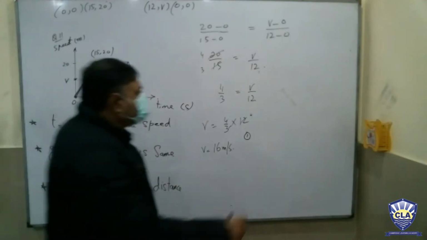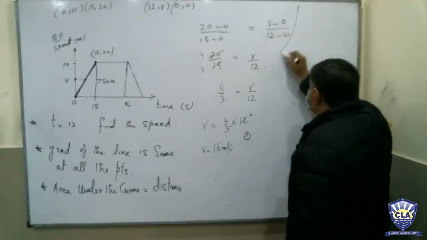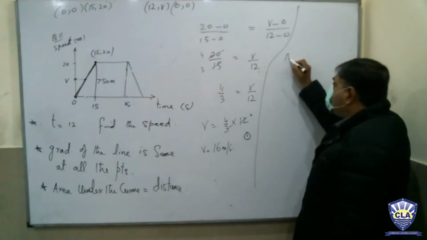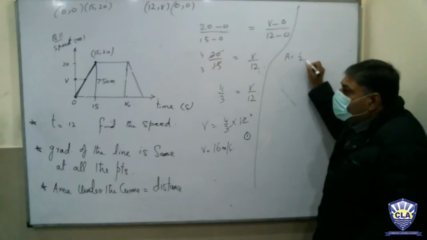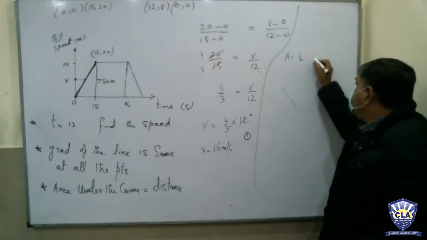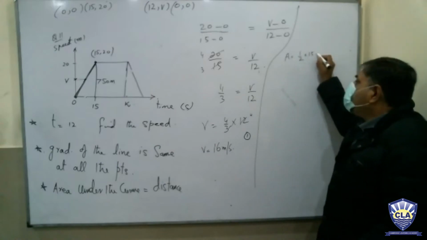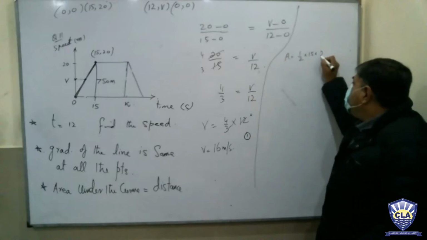So area equals the area of the triangle, which is 1 by 2 into base 15 into height 20.